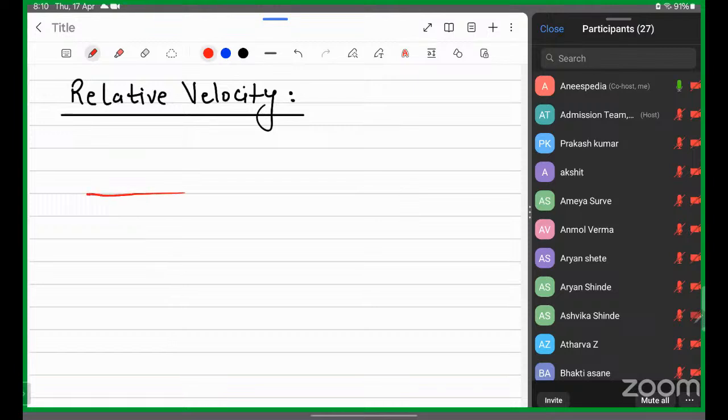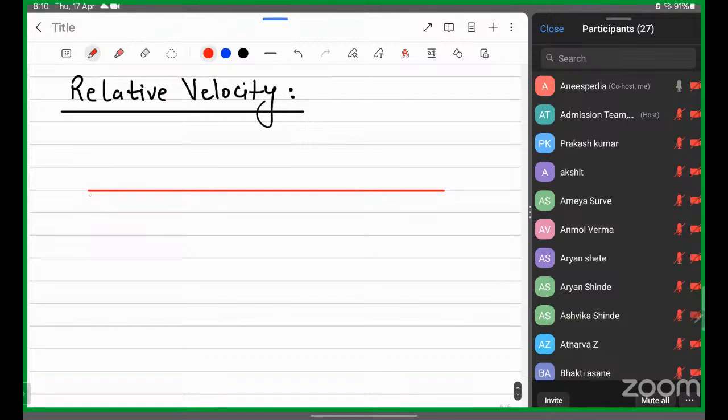So let's say this is a line for reference. There are two objects, object A and object B. Let's say this is object A, which is moving in this direction with a certain velocity VA. There is another object B, which is also moving in the same direction, VB.